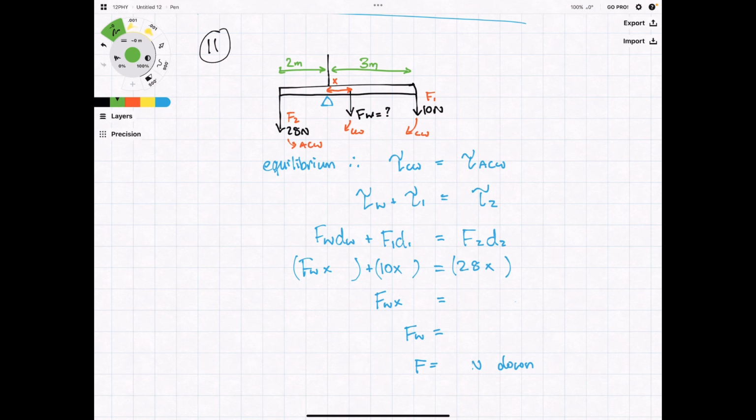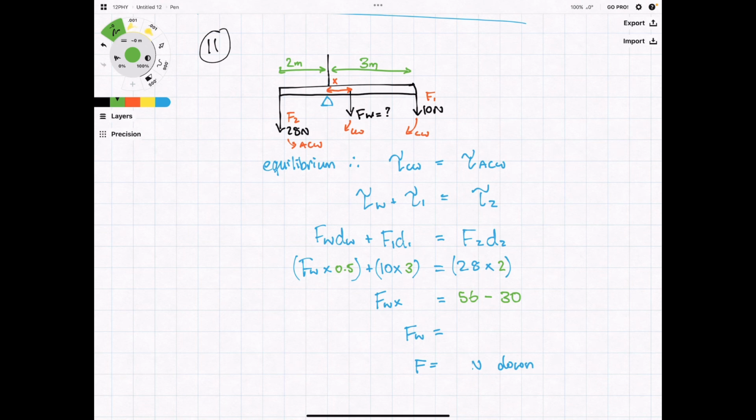The weight force, so the plank is 5 meters long, so it's 2.5 from either side. So actually it's still only 0.5 here from there. So the 10 newtons force is 3 meters from the pivot, and the 28 newton force is 2 meters from the pivot. Okay, 28 times by 2, which is 56 minus 30.